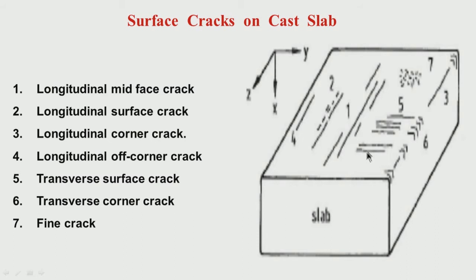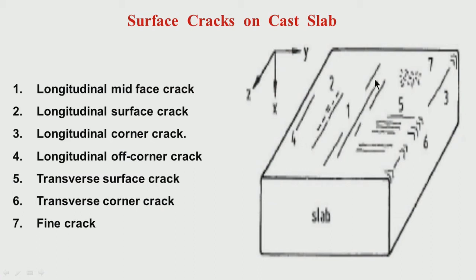These are the cracks which we see on the surface itself, again depending on the orientation. It can be longitudinal, it can be transverse, it can be fine cracks where there is no orientation, very small, and if it is at the corner, we call it corner crack. If it is off from the corner, we call it off corner crack, but because of the orientation in the longitudinal direction, we call it longitudinal off corner crack.